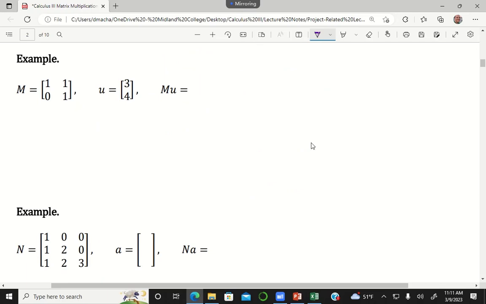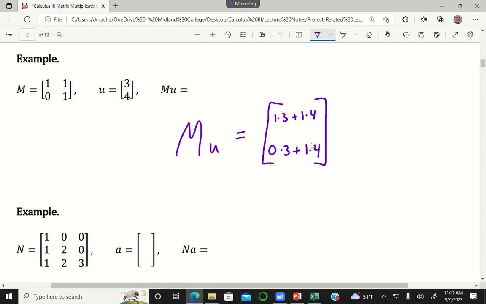So if I have the matrix M as 1, 1, 0, 1, and then the vector U is 3, 4, then the matrix vector multiplication M times U is going to be a 2-entry vector, where the first entry is going to be 1 times 3 plus 1 times 4, and then the second entry is going to be 0 times 3 plus 1 times 4.